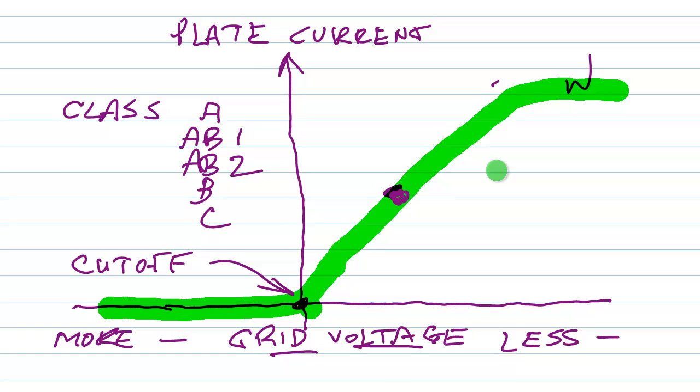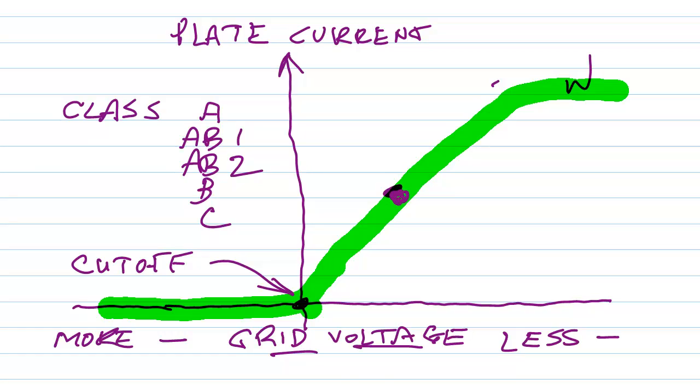So that type of bias is sometimes used for audio frequency power amplification, like you would find in a guitar amplifier, or the type of amplifier you would use for a popular music band. A lot of bands like vacuum tube amplifiers because they say that they produce a richer sound than transistorized amplifiers do.